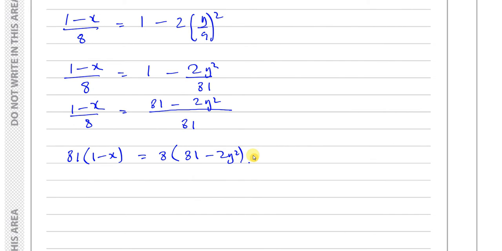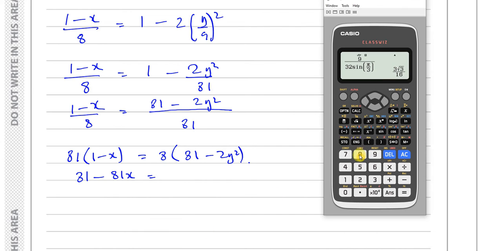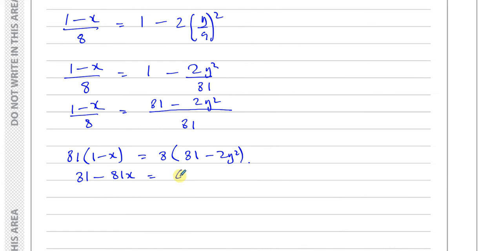Now we can expand. So you have 81 minus 81x is equal to 8 times 81, what's it going to be, 648, minus 16y squared. Now we have to make y the subject of this formula.